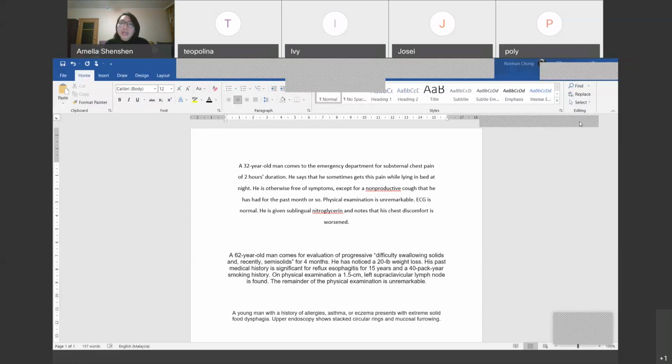So what is GERD? Gastroesophageal reflux disease. It is simply the reflux, the backflow of the content of the stomach into your esophagus. Basically that's it.